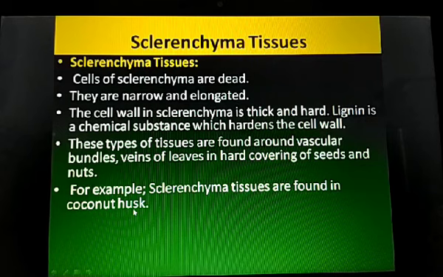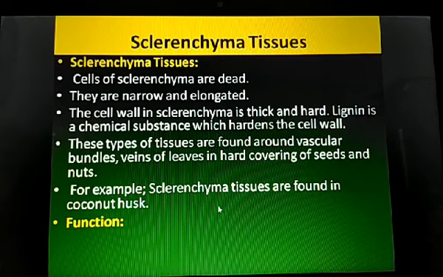It has coir, or some hair-like fibers, on the outside. That gives protection to the inner seed. Even groundnut, walnut, all the different types of nuts, have an outer cover which is basically made up of sclerenchyma.